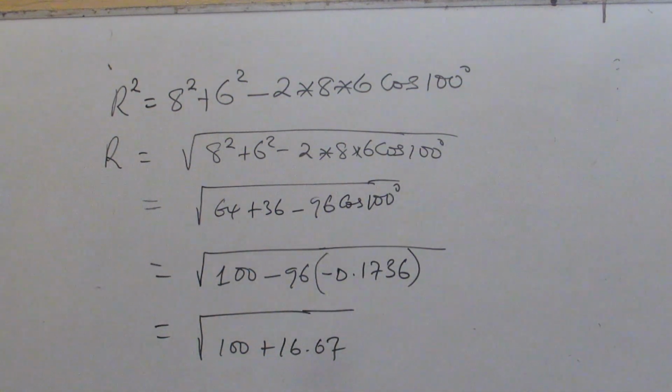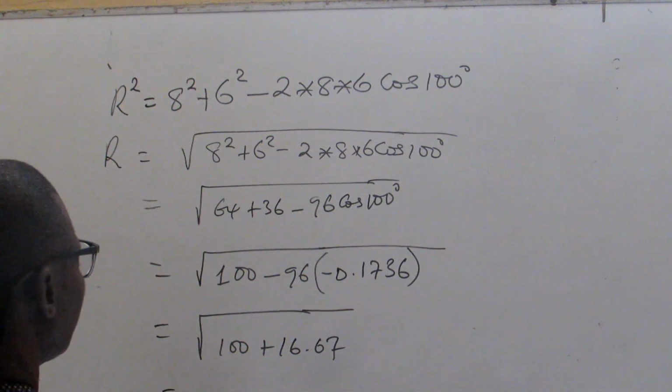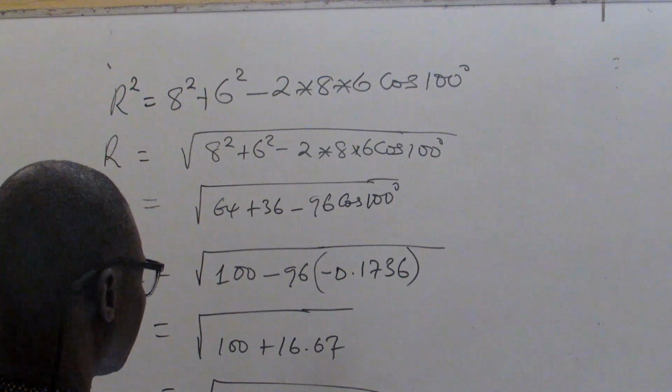And then if we add them, 100 plus 16.67 is equal to the square root of 116.67.